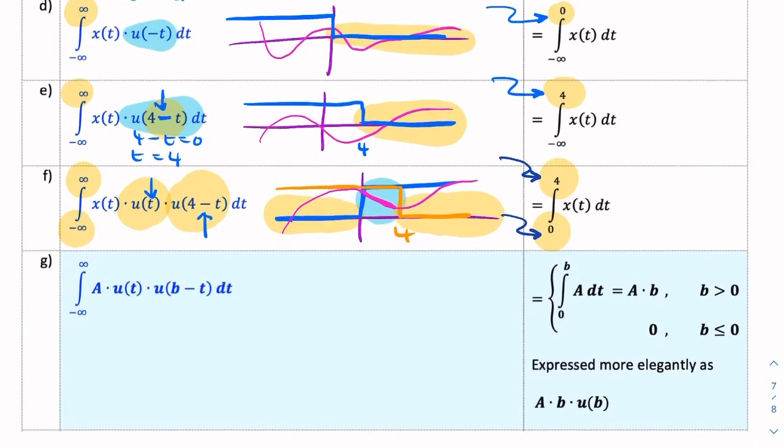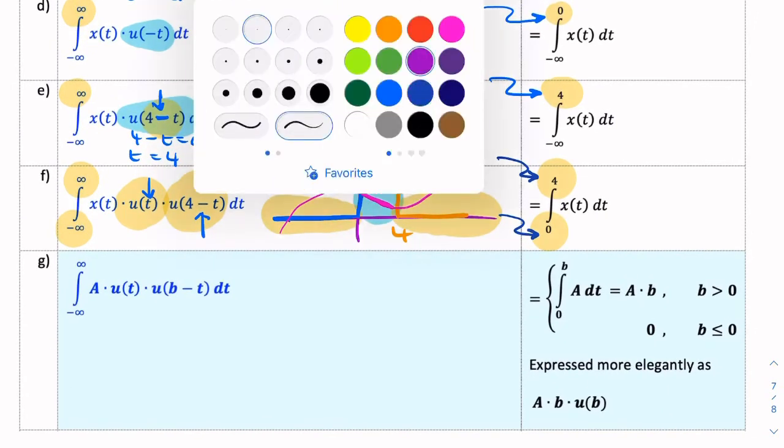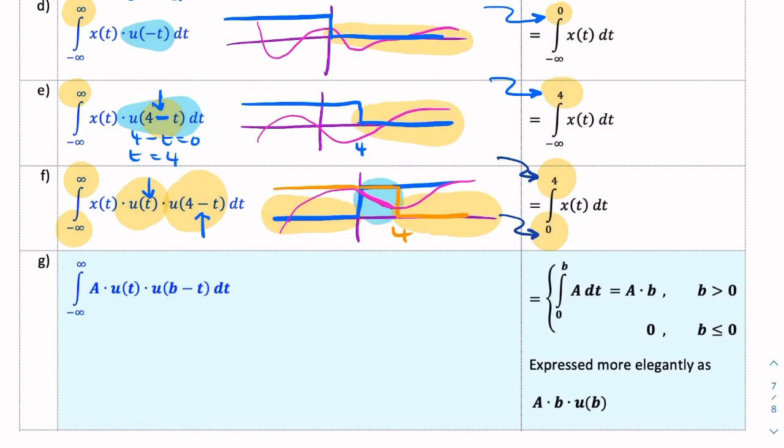And the final example is exactly the same, really, because you have these two unit steps. And instead of 4, we have a constant b, and instead of x of t, we have this value a.